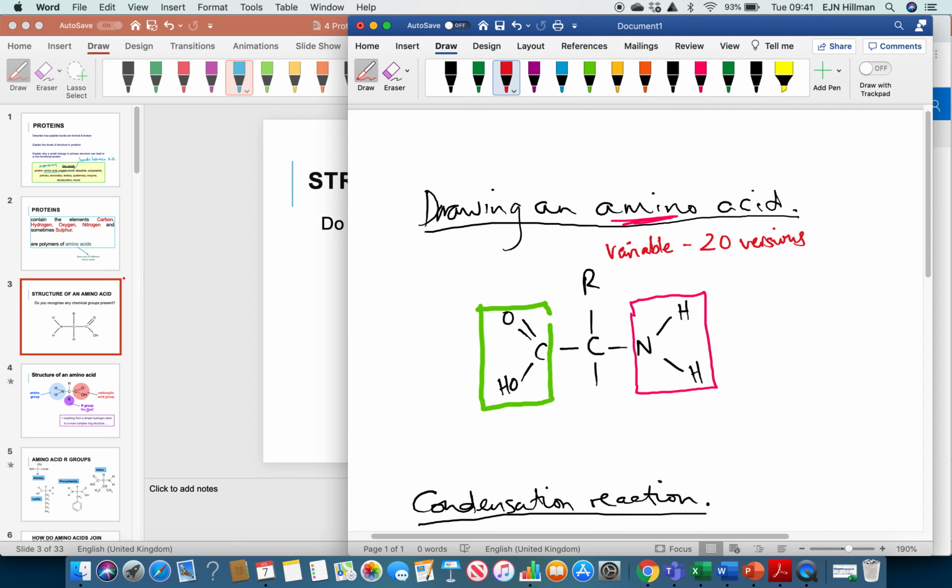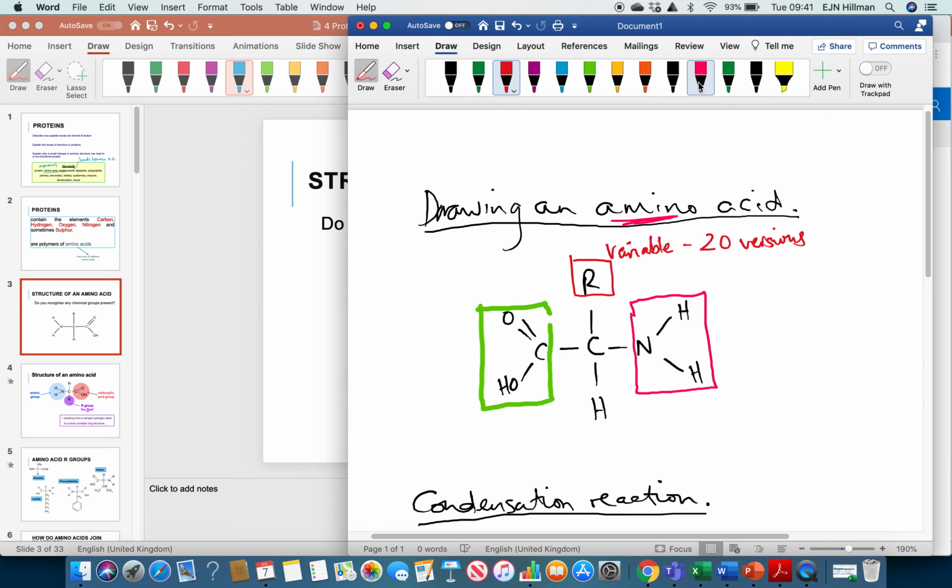Hence why there are 20 different amino acids. Lastly is a final hydrogen.